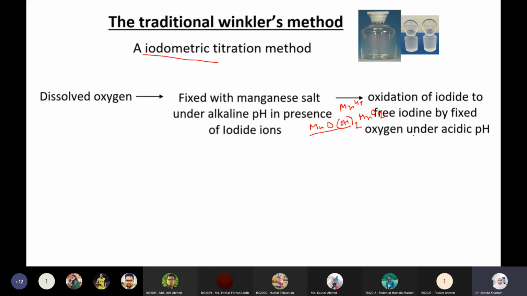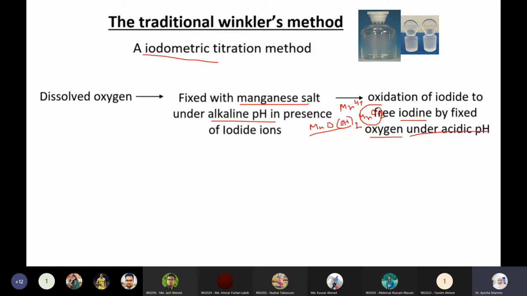And the iodine is produced under the acidic condition. First you have the alkaline manganese salt, then you change the pH to acidic pH when you are fixing the oxygen in this kind of compound, creating liberated iodine.